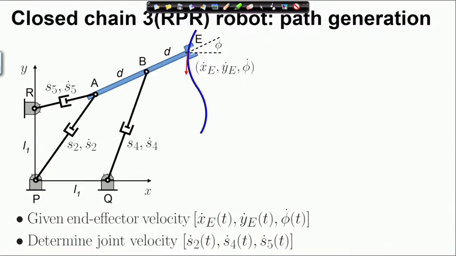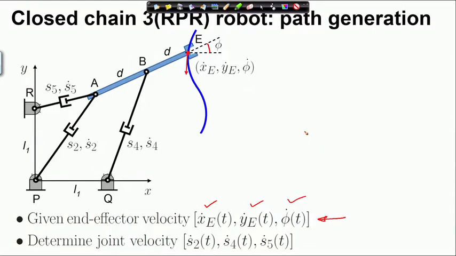We are specified the velocity of the end effector point, the velocity trajectory of the end effector point through x e dot, y e dot and phi dot. Phi is the orientation angle and x e and y e are the positional coordinates in the ground based Cartesian coordinate system.